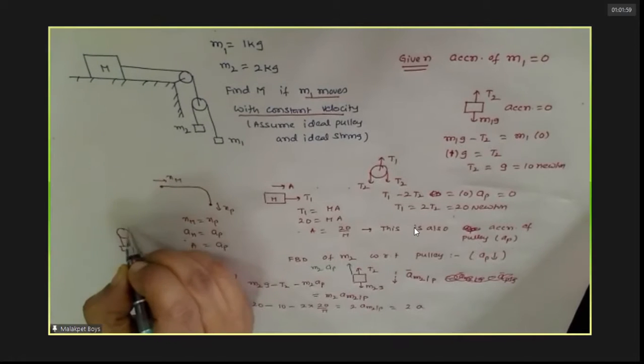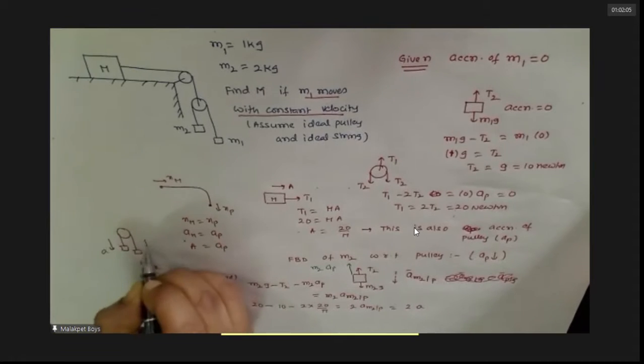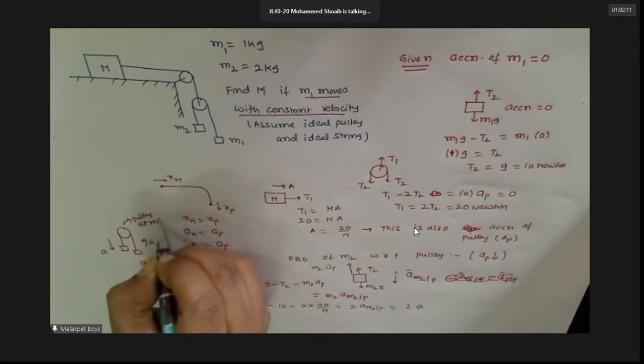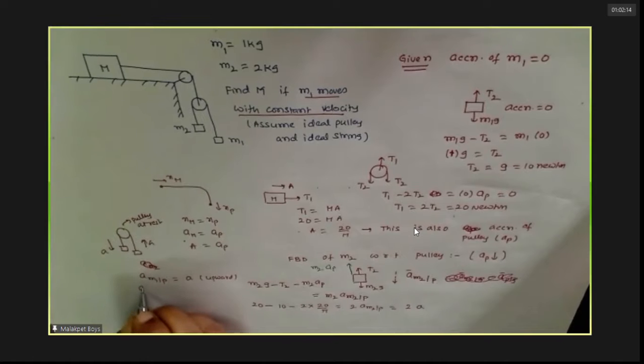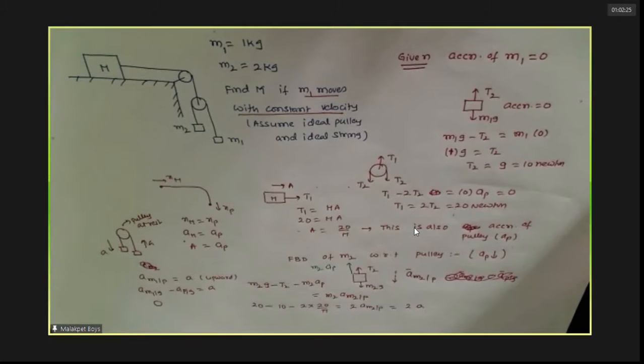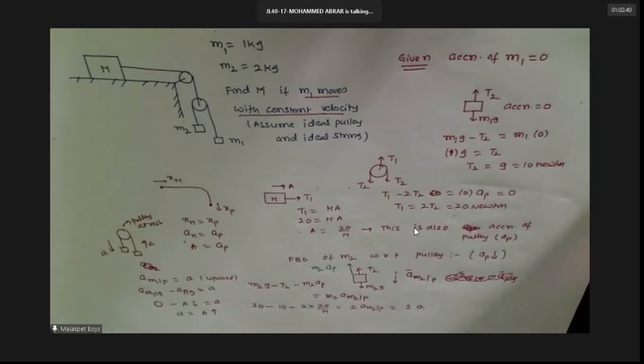With respect to pulley means the pulley is at rest only, no? When this is A, this will be A, no? Now the pulley is at rest, no? Do you agree or not? So this is nothing but A1P minus AP with respect to ground is A. Agreed. This is given as 0. This is nothing but A downward. That means small a is in which direction? A upward. Understood this?